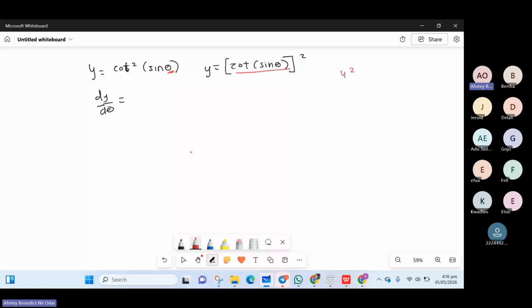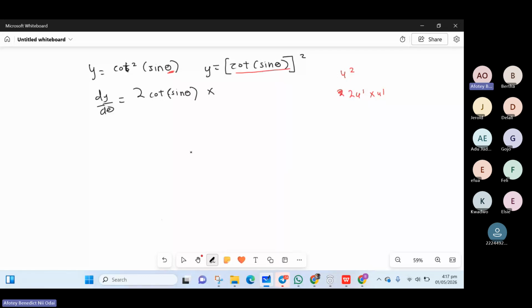So the differential of this gives us 2u to the power 1 times u prime, right? So we have 2, our u is cot sine theta, times u prime.